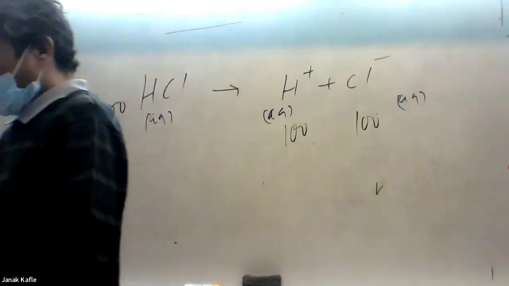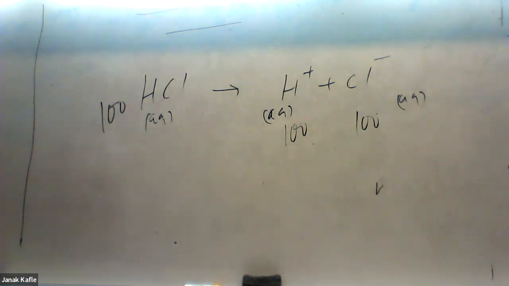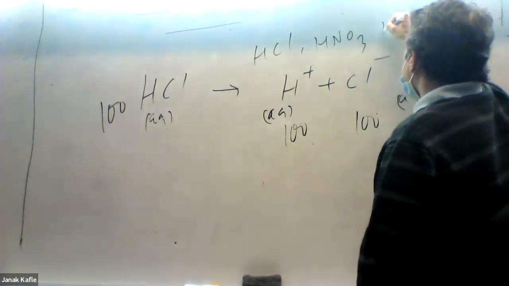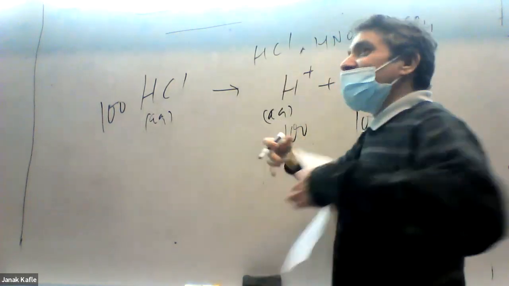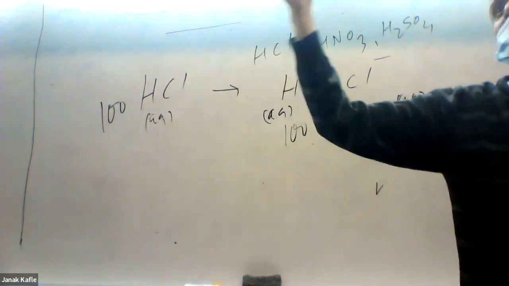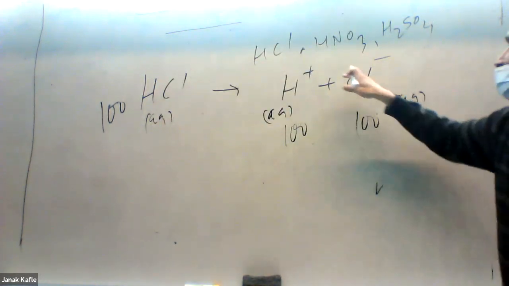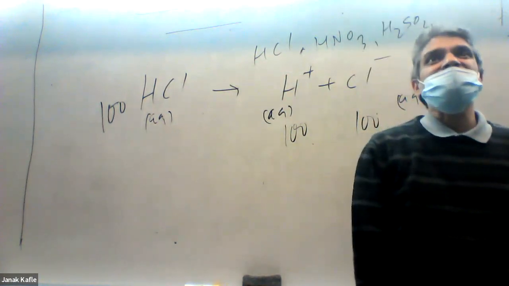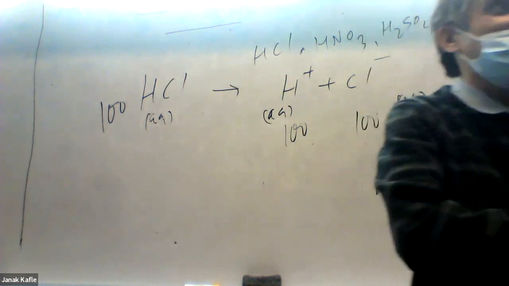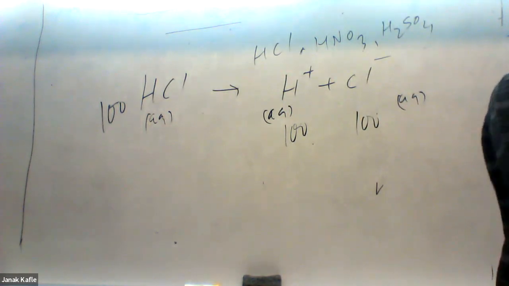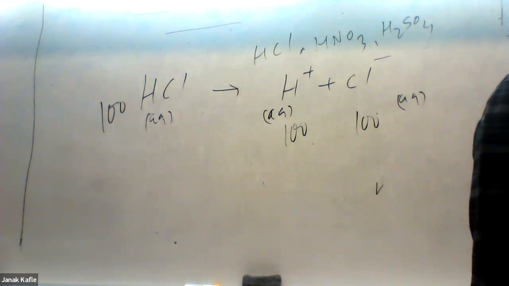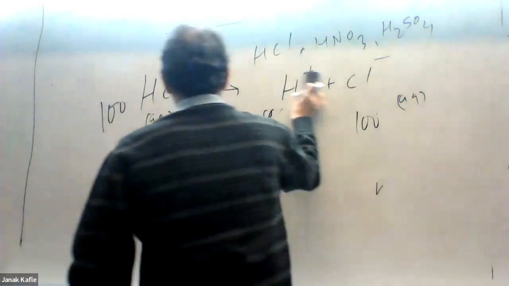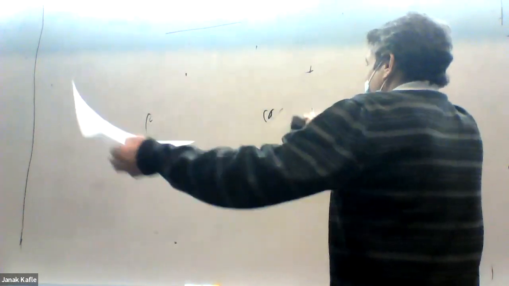Now, all these acids I showed you previously, HCl, HNO3, H2SO4, throw these in water, no matter how much you throw in water, they just break to give H plus and Cl minus, H plus and NO3 minus, H plus and SO4 minus, that way. So they are called strong acid. Put a little bit in your hand and it will cut your hand or cloth, strong acid. Everybody got that? So with 100 molecules, all 100 molecules break to give H plus and Cl minus.